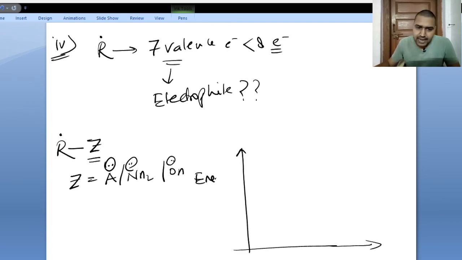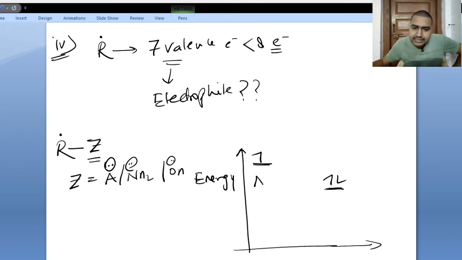This is your energy. This free radical has one unpaired electron, and nitrogen or oxygen, which are more electronegative than carbon, have lower energy, and they have a lone pair.